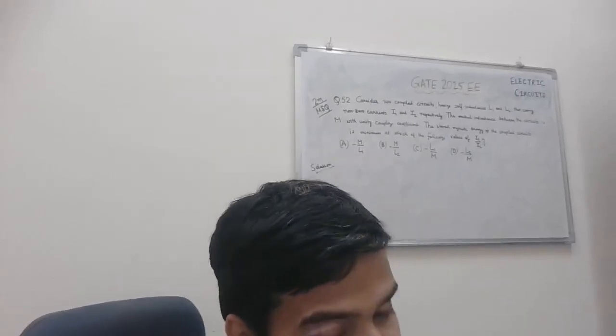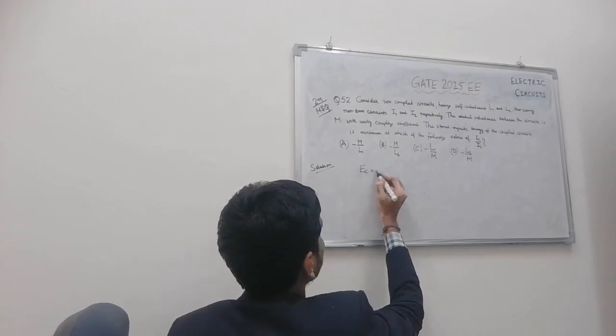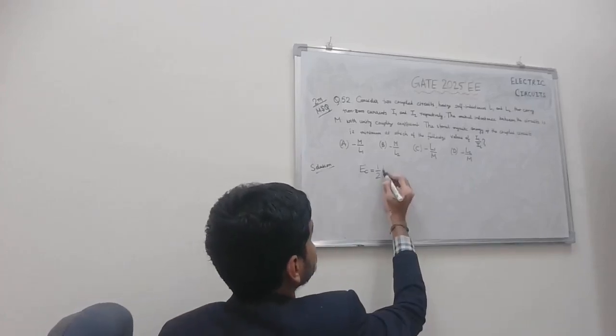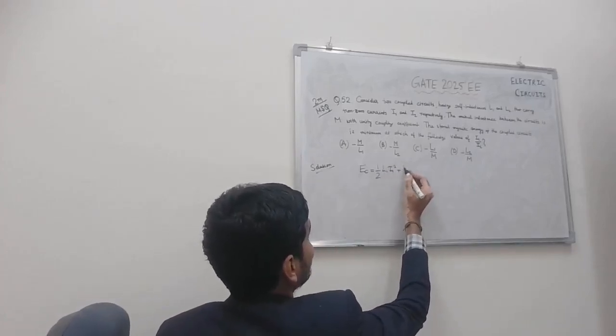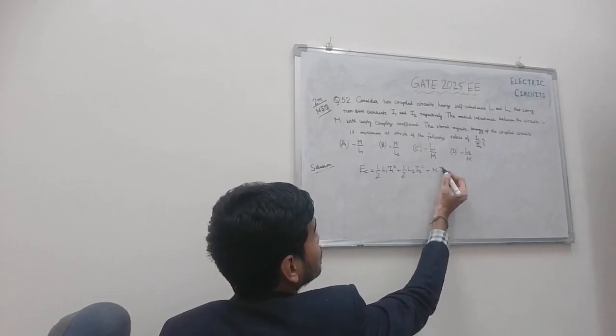The net energy of the circuits is given by E equals half L1 I1 square plus half L2 I2 square plus M I1 I2.